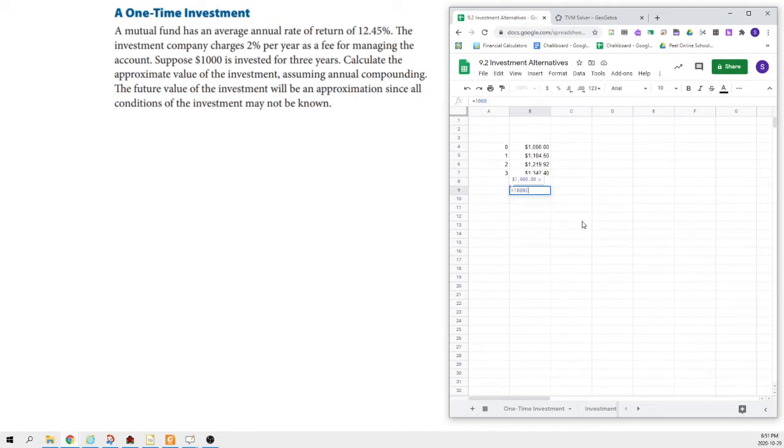And so I can multiply by this amount, and I'm going to multiply it 3 times for 3 years, so it's to the power of 3, we get the same amount.